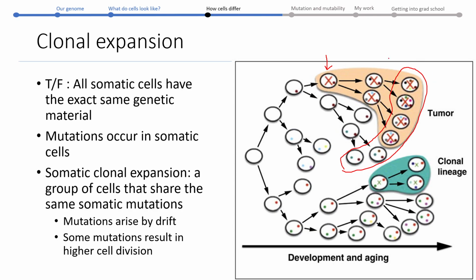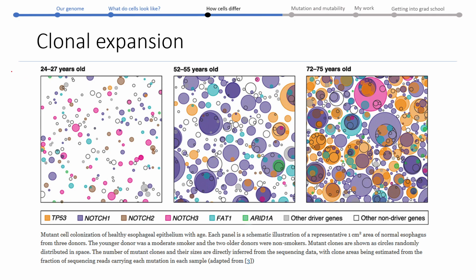And so let's visualize some of these mutations and clonal expansions through experimental results. What we're looking at here is 3 different individuals that had their esophageal epithelium sequenced. And it's important to note that these were healthy individuals with no esophageal cancer.